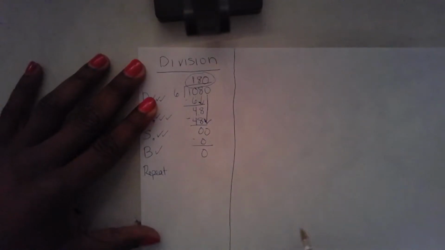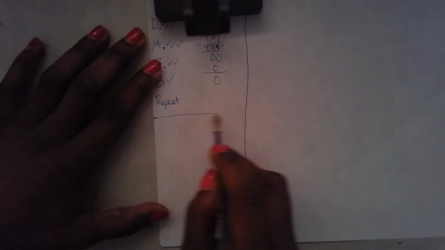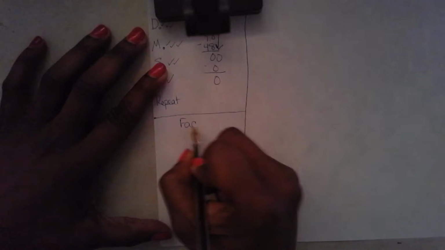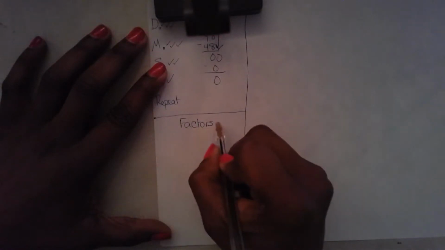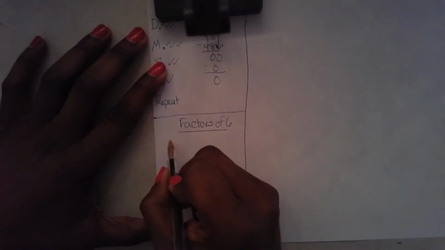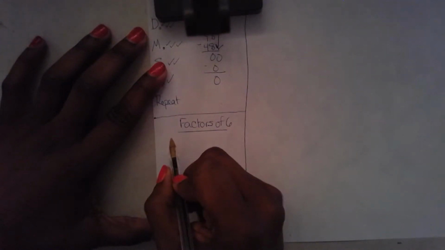Okay? Now let's talk about factors versus multiples. This is key for you remembering if I ask for GCF or LCM, which one I'm talking about. So let's look at the factors of 6. I could do a prime factorization tree, which we'll do next, but I'm just going to do a list.